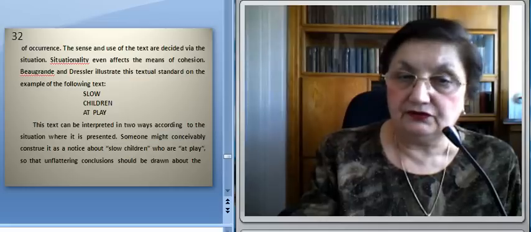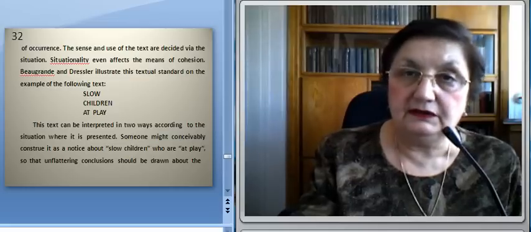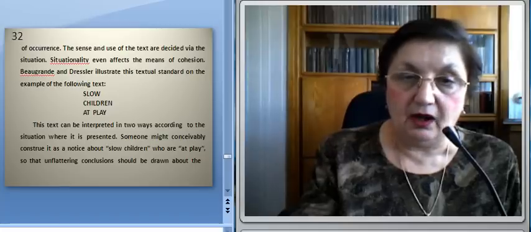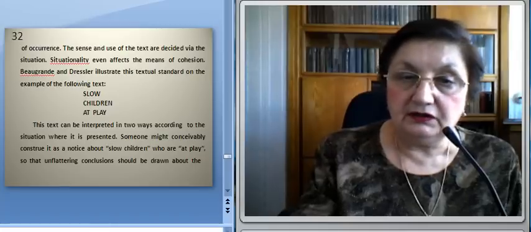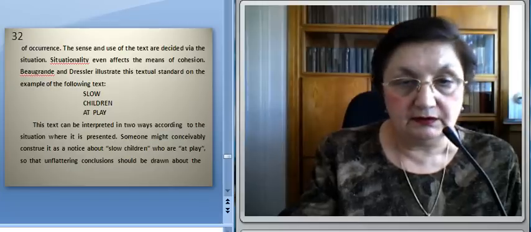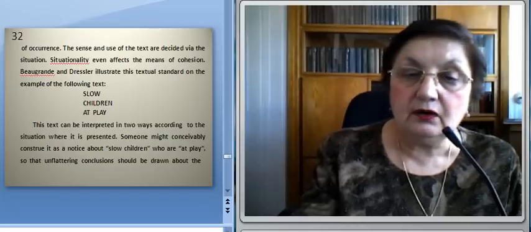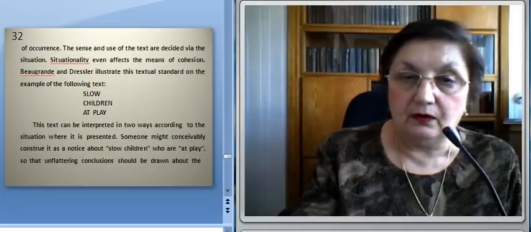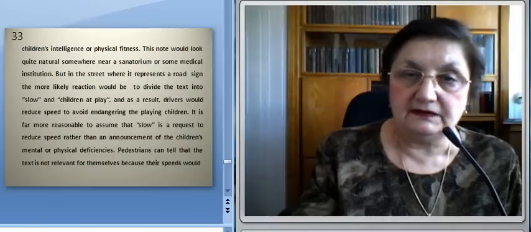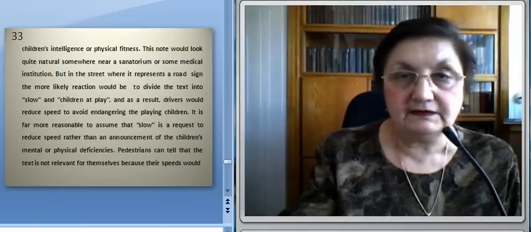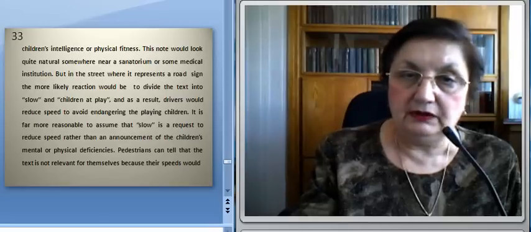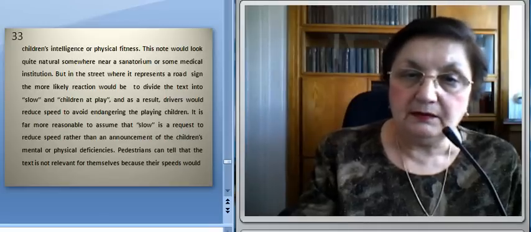This note would look quite natural somewhere near a sanatorium or some medical institution. But in the street, where it represents a road sign, the more likely reaction would be to divide the text into slow and children at play, and as a result, drivers would reduce speed to avoid endangering the playing children.